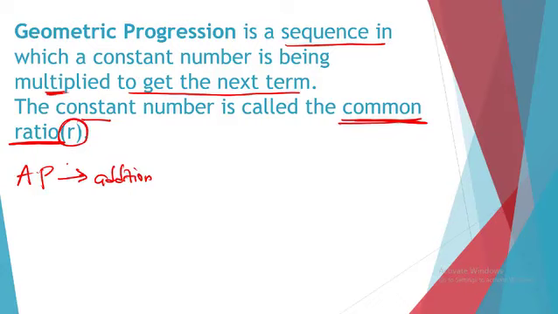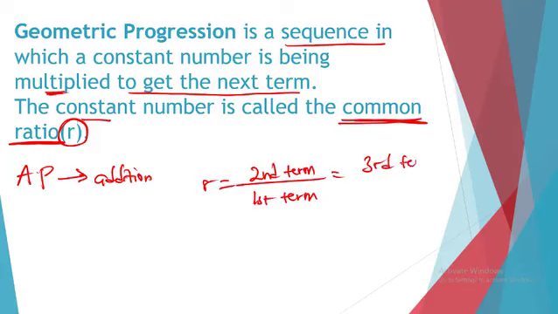Our common ratio, r, is obtained by dividing the second term by the first term, and then by dividing the third term by the second term, and so on and so forth.